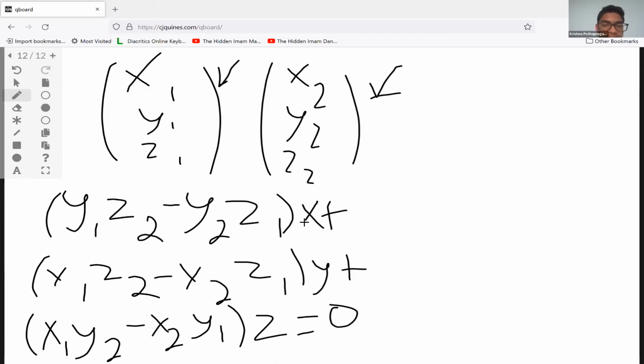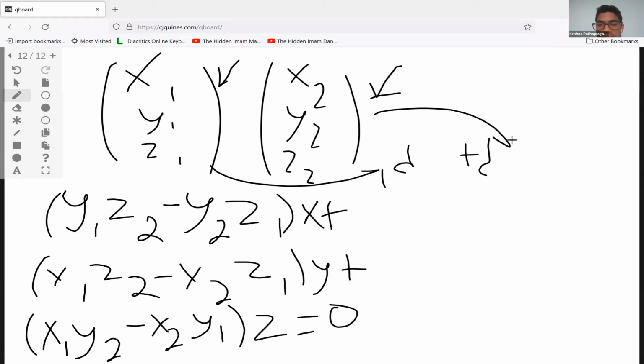So the maximum degree of this coefficient of x is the sum of the maximum degrees here and here. And similarly for all the other coefficients, the maximum degree of all the coefficients in this line is at most the degree of this plus the degree of that.